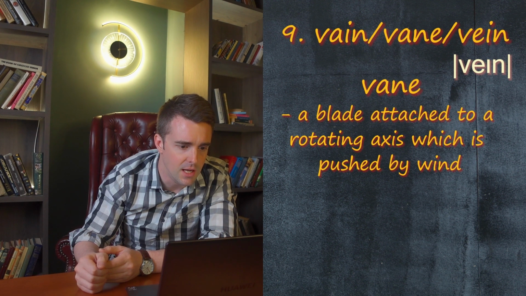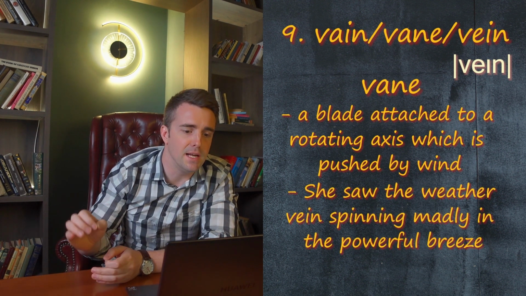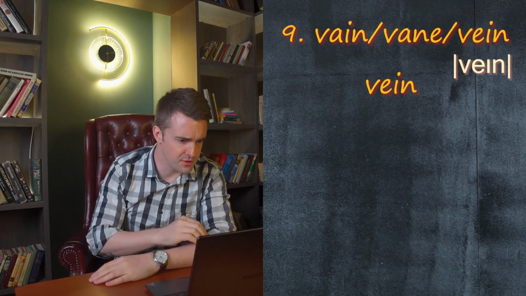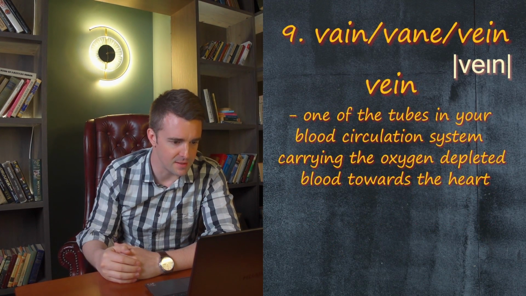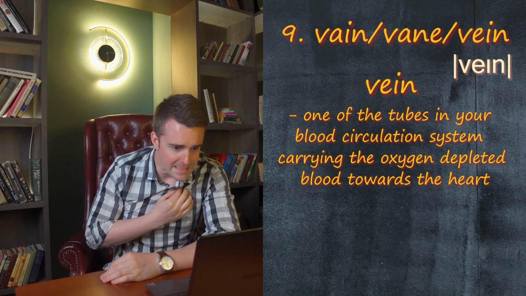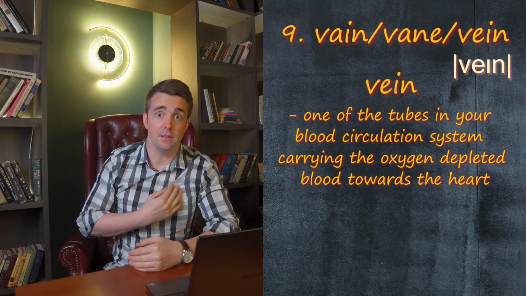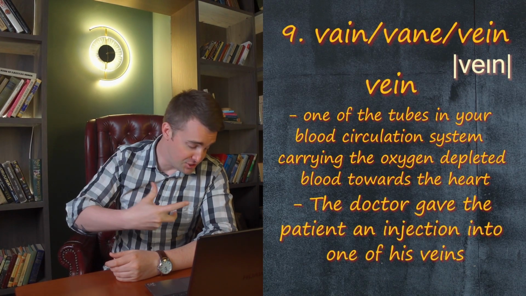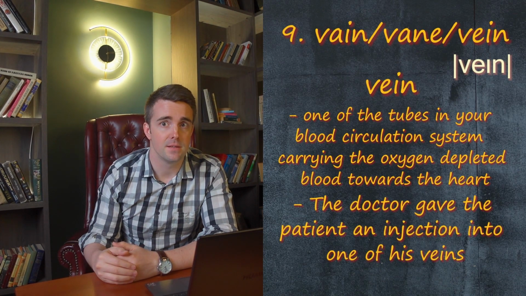For example, she saw the weather vane spinning madly in the powerful breeze. And vein is one of the tubes in your blood circulation system carrying the oxygen-depleted blood towards the heart. For example, the doctor gave the patient an injection into one of his veins.